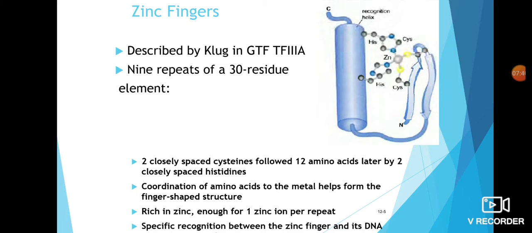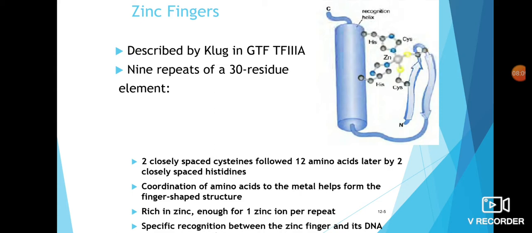So first is zinc finger. This is the classical example of transcription factor 3A. If you remember RNA pol 3, their transcription factor 3A comes. So that 3A transcription factor has a characteristic feature of these zinc fingers. What is the characteristic feature? You need to remember there are anti-parallel beta sheets, which I can see, which is linked to an alpha helix.